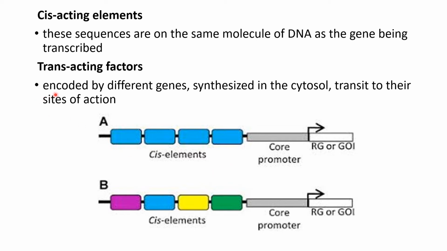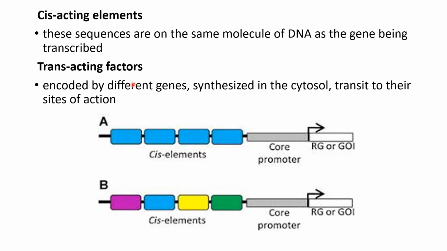And the other factors are known as the trans-acting factors. These trans-acting factors are so called because they are proteinaceous in nature. They are transcribed by certain genes. After their formation, their messenger RNA goes to the cytosol, from where translation takes place.